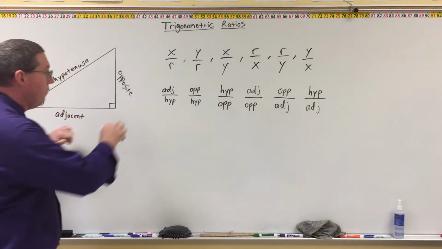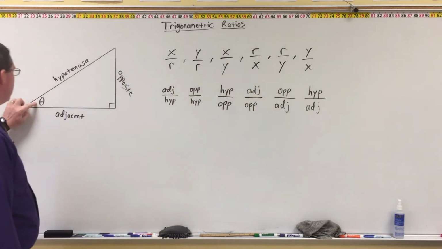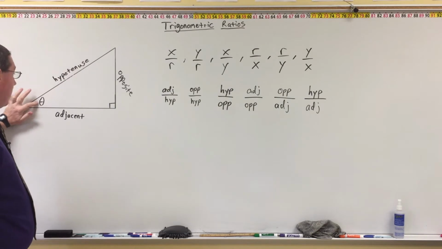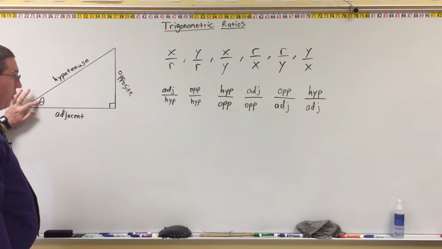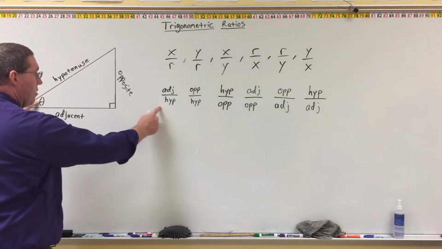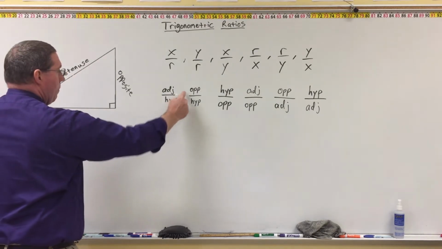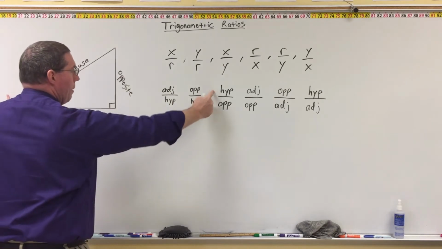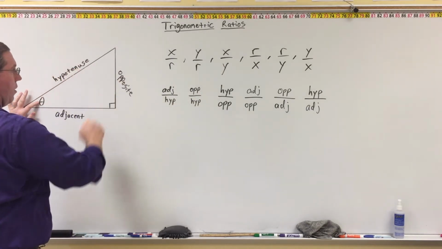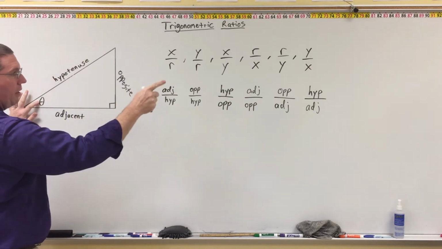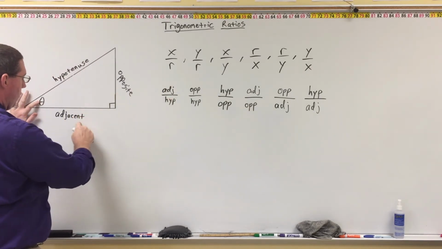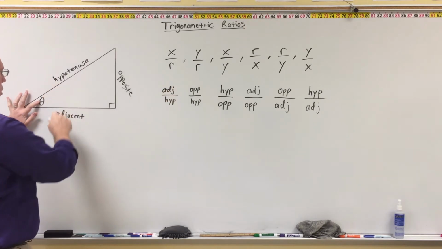Now understand that all of these fractions are relative to angle theta. And so, relative to theta, we have adjacent over hypotenuse, opposite over hypotenuse, hypotenuse over opposite, that's this one over this one, adjacent over opposite, that's this one over this one. Then we have opposite over adjacent, and then hypotenuse over adjacent.